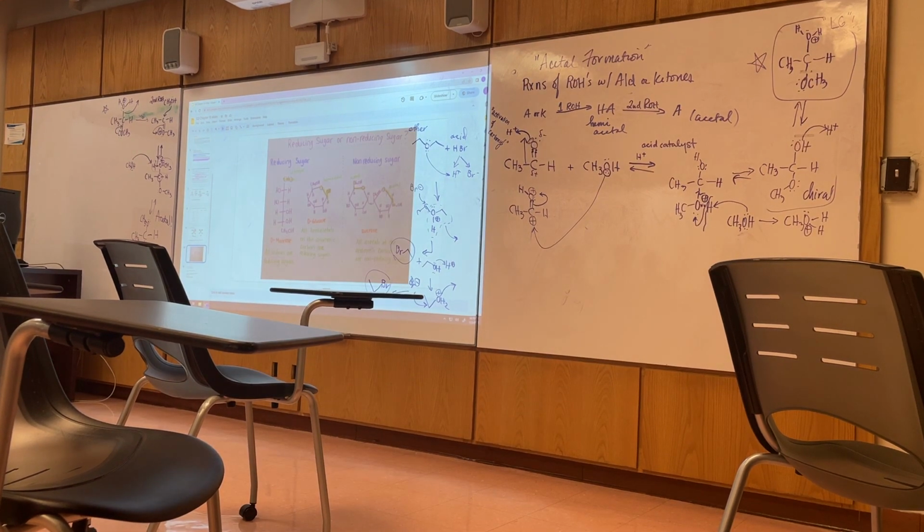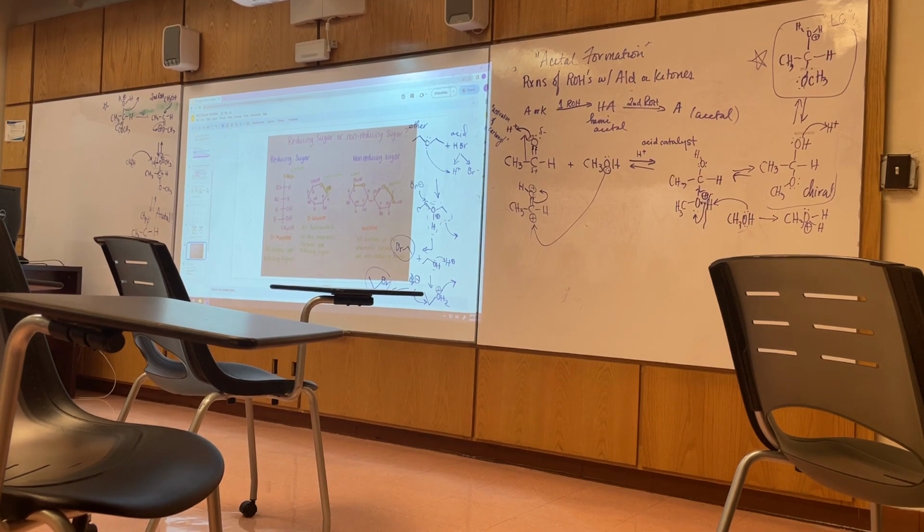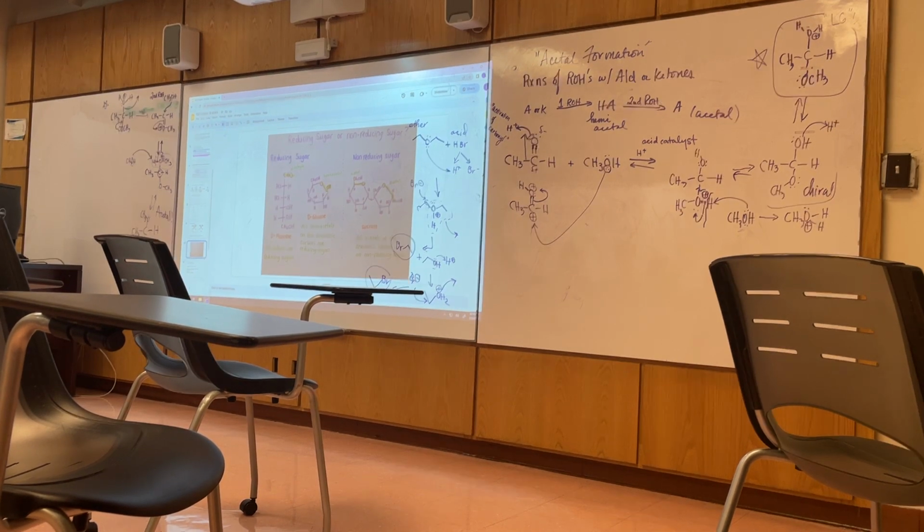So you look here and you say, well, this carbon has an R, that's this whole thing, an H, an OR, and an OH. So this carbon right here where the cursor is, that's the hemiacetal. Does everybody see that?